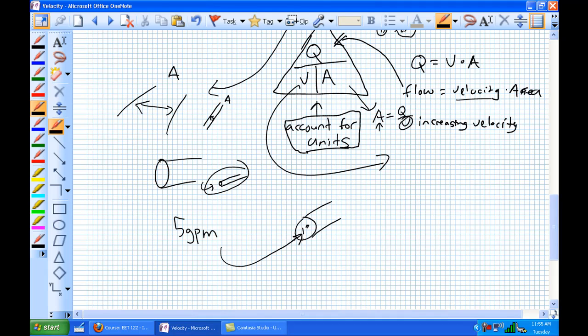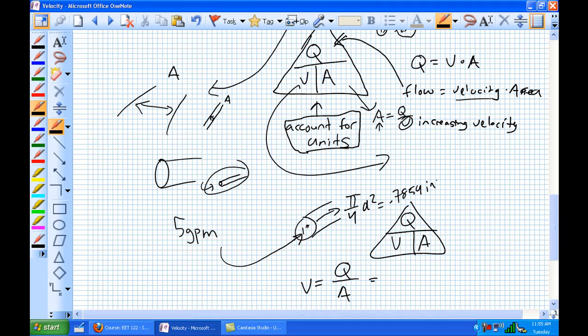We've got to figure out what velocity is. So velocity, flow rate divided by area, and figure out the area. Pi over 4 d squared, 0.7854 inches squared. 5 divided by 0.7854 inches squared, gallons per minute.